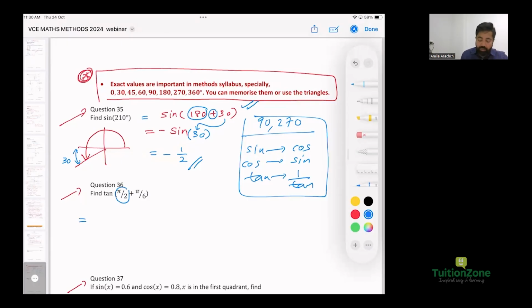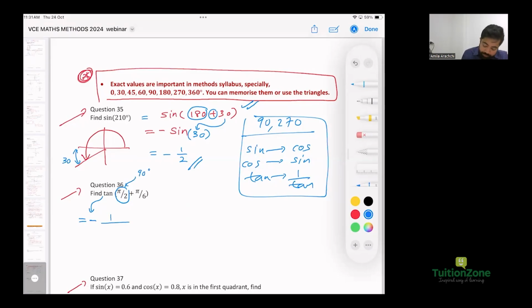So pi over 2 plus pi over 6. Which quadrant? 90 plus pi over 6, which quadrant? The second quadrant. In the second quadrant, is tan positive or negative? Negative. So negative, but don't write the tan. This becomes 1 over tan, the reason being that we are using the 90 degrees.